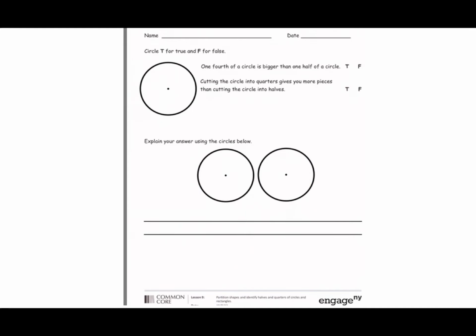The directions for your exit ticket here. Circle T for true. That means it's right. And F for false. That means it's not true. So, let's find out. 1/4 of a circle is bigger than 1/2 of a circle. What do you think, boys and girls? You know what you can do to look at 1/4 and 1/2 of a circle?